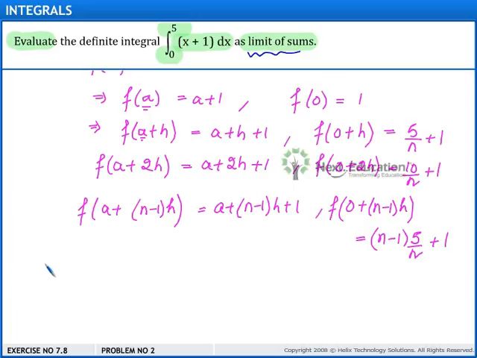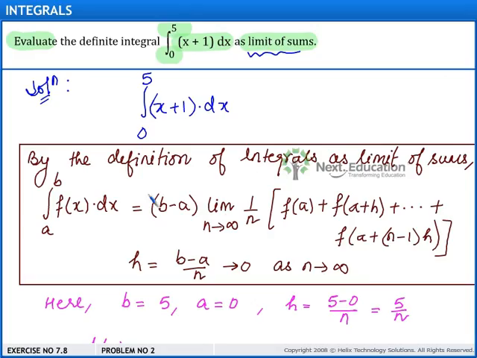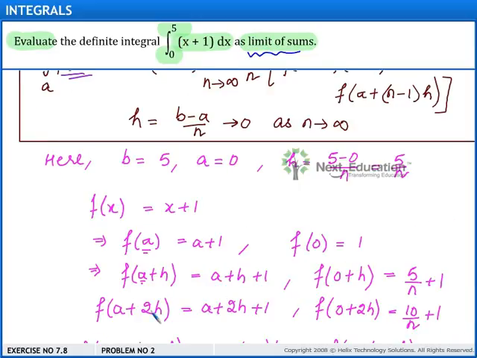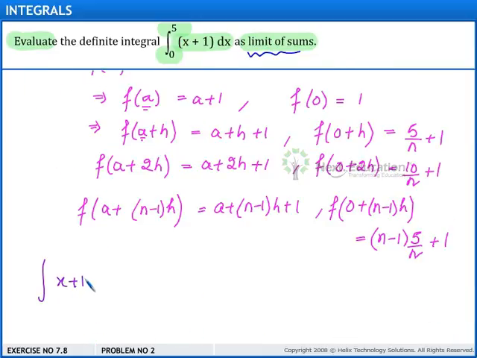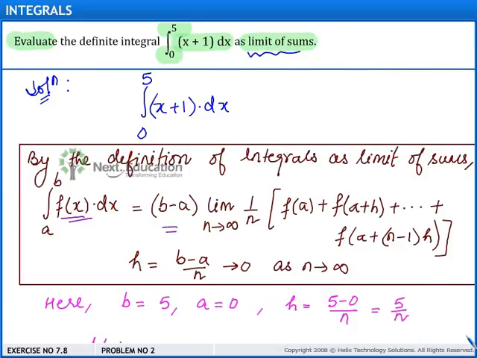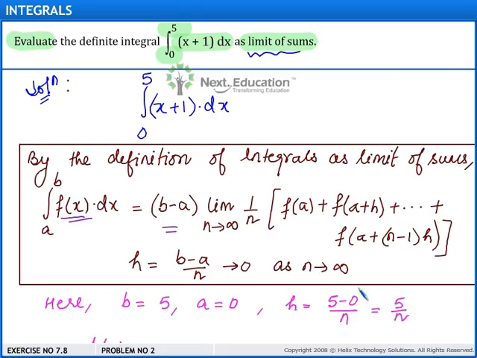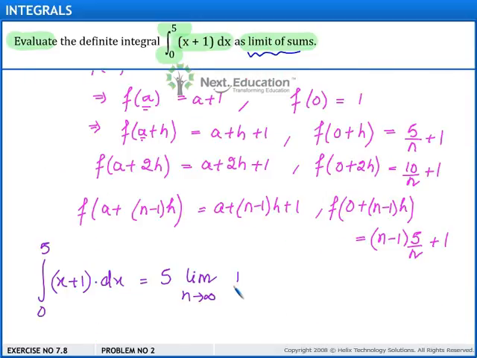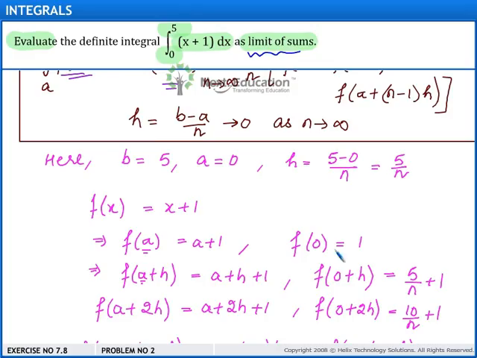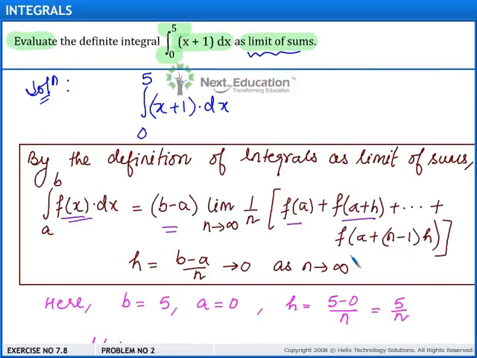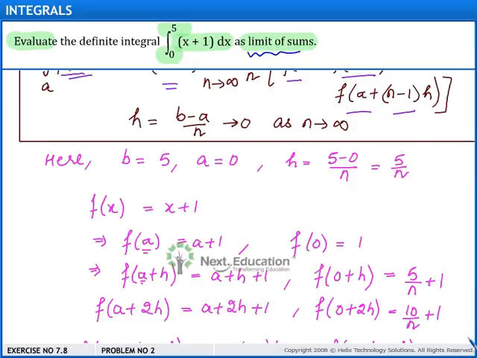Therefore, the integral of f(x) into dx, that is x plus 1 into dx from 0 to 5, is given by, first we have b minus a, that is 5 minus 0, which is 5, then the limit as n approaches infinity of 1 upon n, then inside the bracket we have f(a) plus f(a plus h) plus so on up to f(a plus (n minus 1) into h).